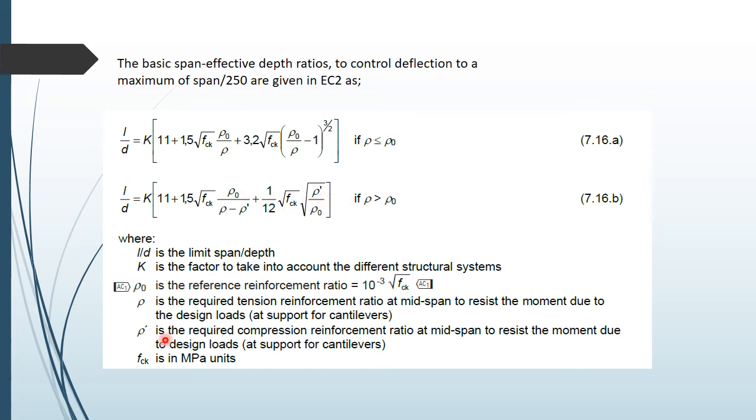Rho prime is the required compression reinforcement ratio, calculated as As prime divided by b times d. The value of K depends on the structural system, which we'll be seeing in the next slide.